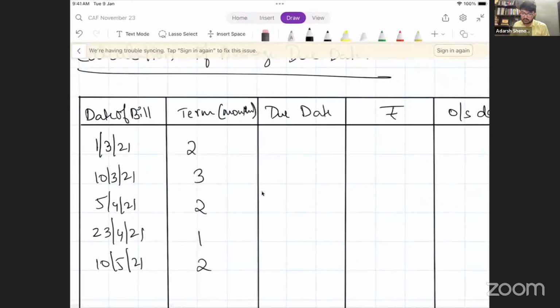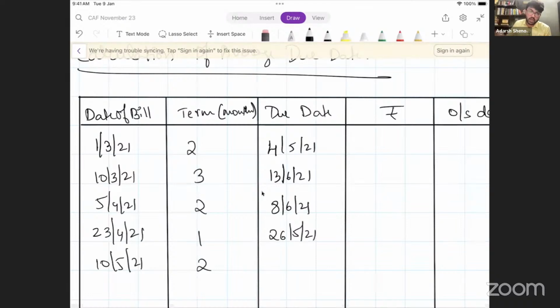So 1/3 plus 2 is 1/5, plus 3 days is 4/5. 10/3 plus 3 is 10/6, plus 3 days is 13/6. 5/4 plus 2 months is 5/6, 5th of June, plus 3 days is 8th of June. 23 April plus 1 month is 23 May, plus 3 days is 26 May. 10th of May plus 2 months is 10th of July, 10/7, plus 3 days of grace is 13/7.